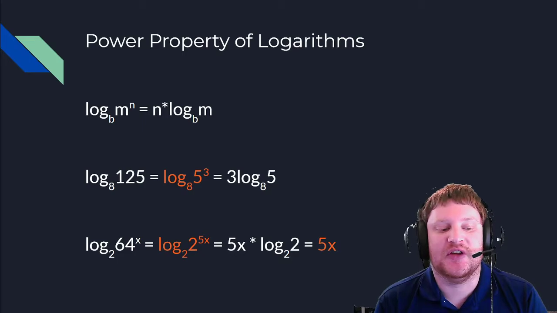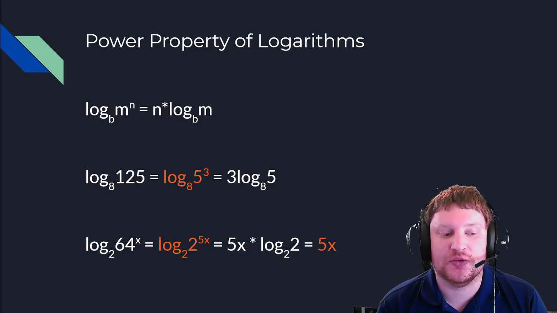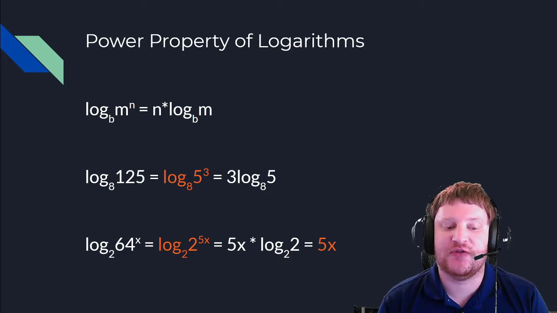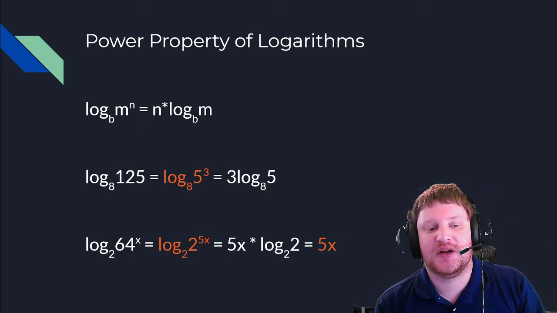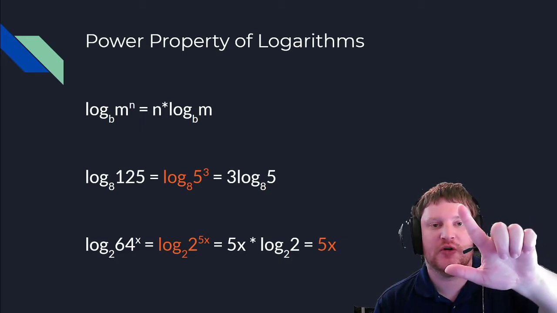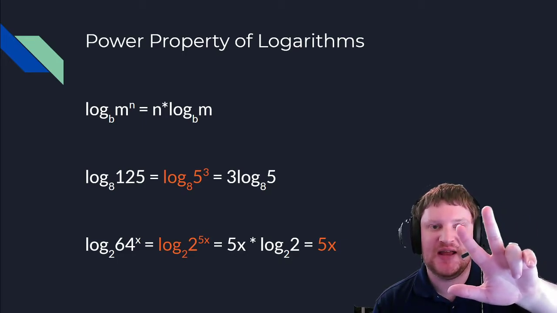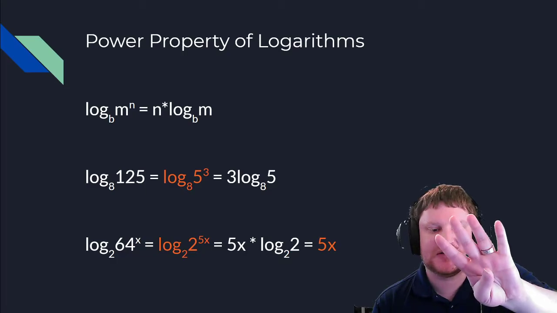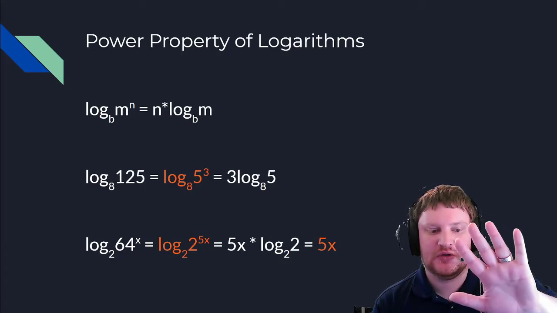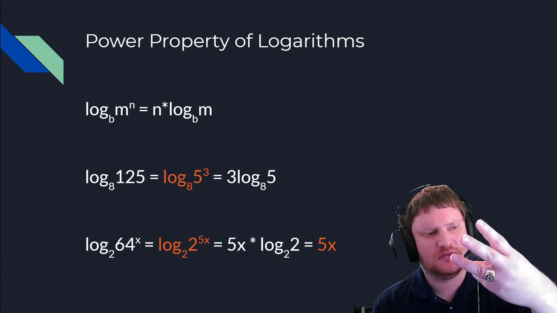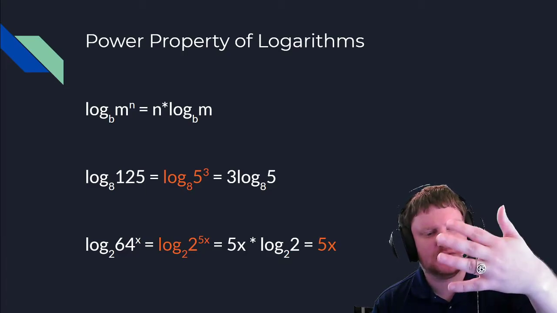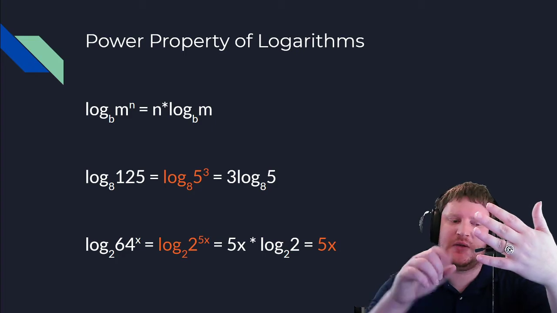Another example of this would be something like log base 2 of 64 raised to the x power. Well, 64 is 2 to the 5th power, because 2 times 2 is 4, times 2 is 8, times 2 is 16, times 2 is 32, times 2 is 64.